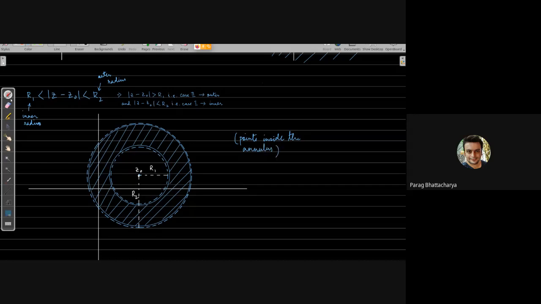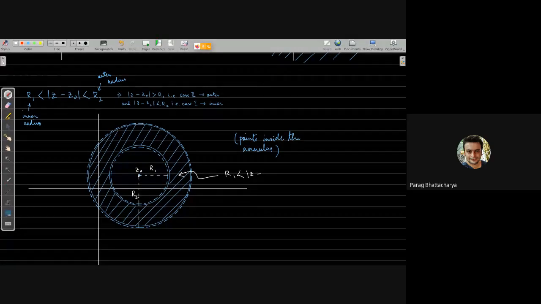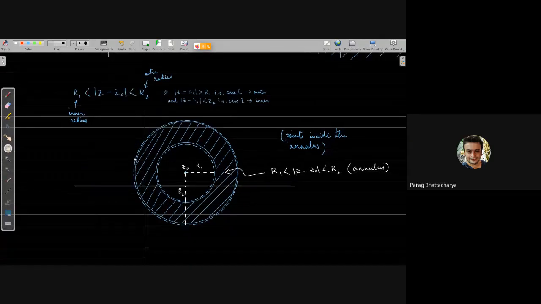This is R1 less than |z minus z naught| less than R2, an annulus. If it is R1 less than or equal to |z minus z naught| less than or equal to R2, then it will include both circumferences.